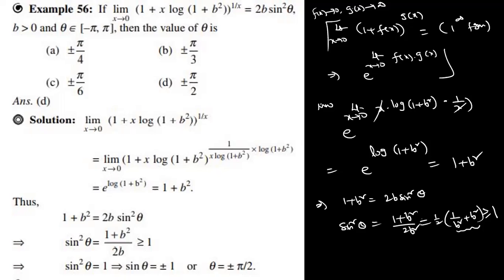So sine square theta is greater than or equal to 1, which means greater than 1 is not possible. That's why it is equal to only 1. So sine theta can be plus or minus 1. Theta is plus or minus pi by 2, the correct answer. So the option is D, D for Delhi.